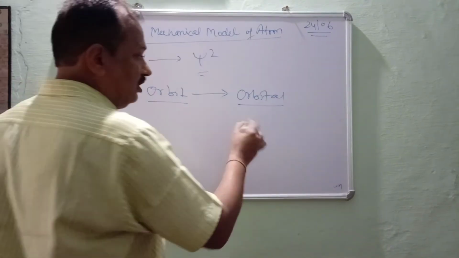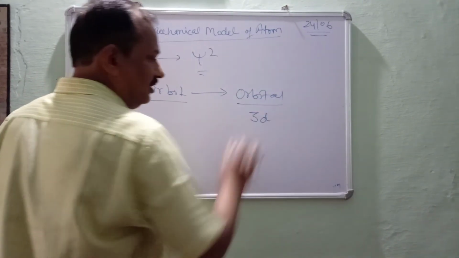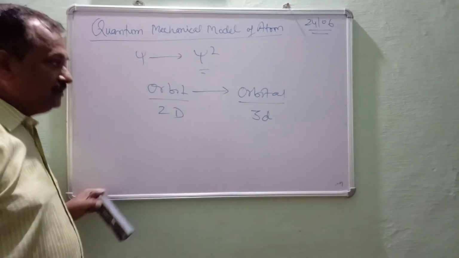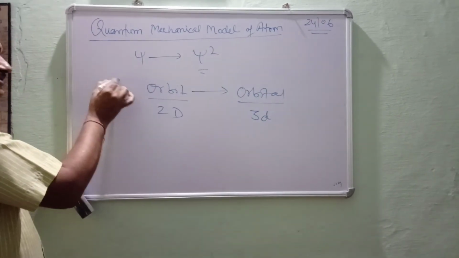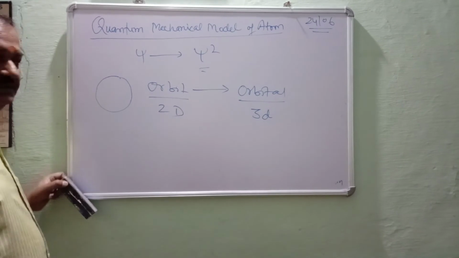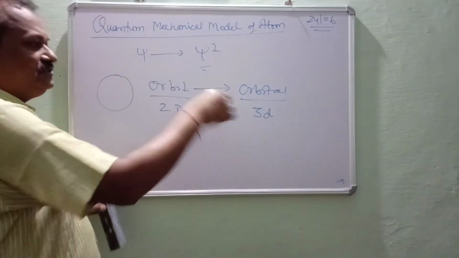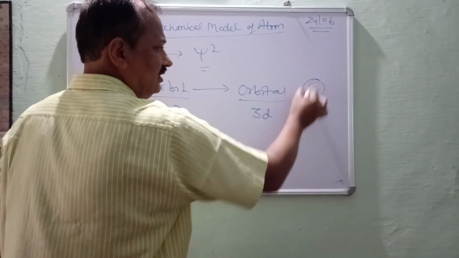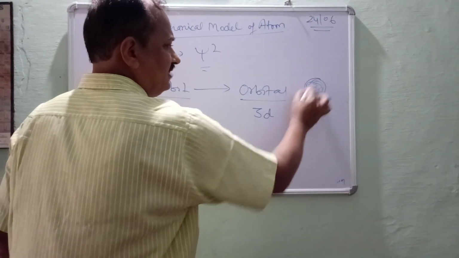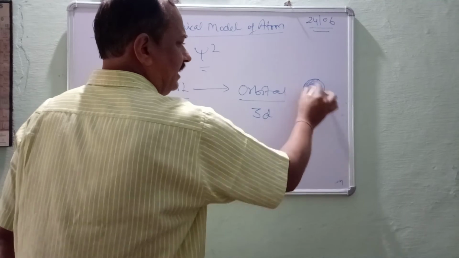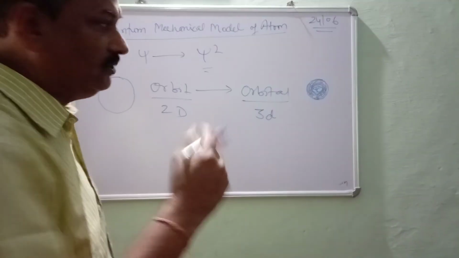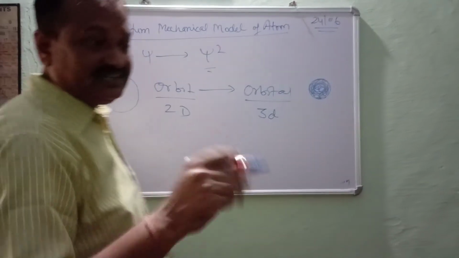Orbitals are three-dimensional; orbitals are 3D, orbits are 2D. This is an orbit. An orbital is completely 3D, with no empty space, just like a soccer ball. Orbitals are of different types.